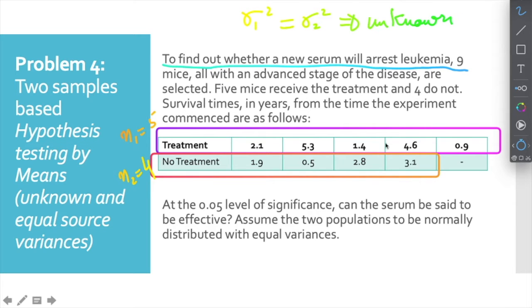In such a situation, we have to compare whether the mean effect of this is the same as the mean effect of this, because we have to see whether the life of both is the same or, with the treatment, the life is more. We have to perform the test at the 0.05 significance level. The alpha is given.